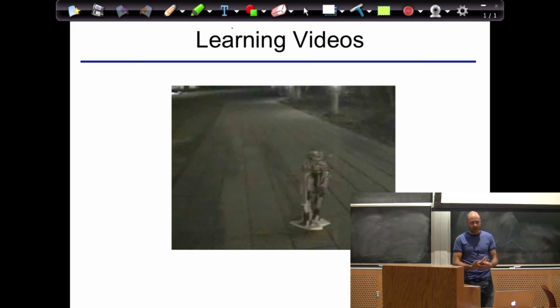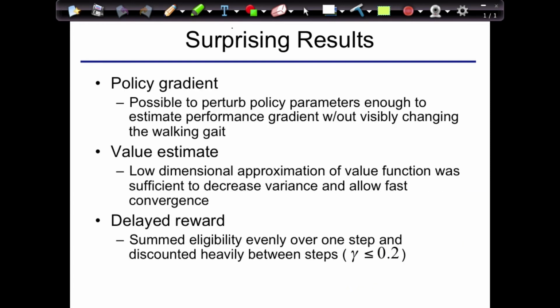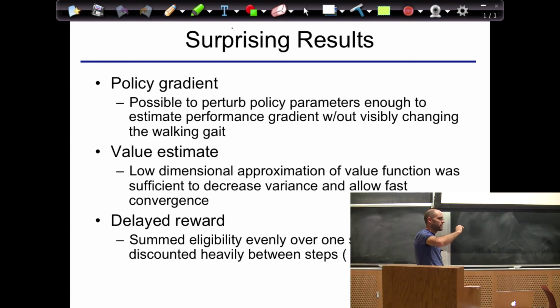Then even if your robot's complicated, if it's a fluid, if it's a walking robot, these tools can work really, really well. Right? So for me, the experimental surprises were that it was possible to perturb the policy parameters enough to estimate the performance gradient without visibly changing the walking gait. I was worried about how big beta would have to be, and it turned out it could be really small.